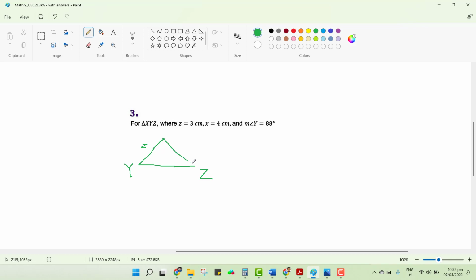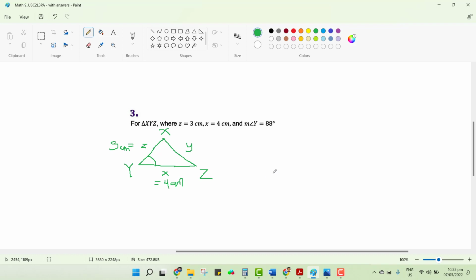If I connect it like that, this would be your remaining vertex X, and small letter x here and small letter y. This is given to be 88 degrees, and Z is 3 centimeters, and this is 4 centimeters here.